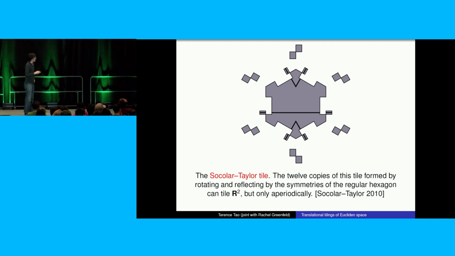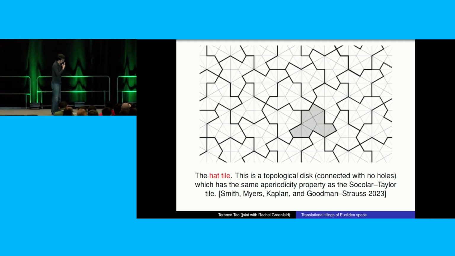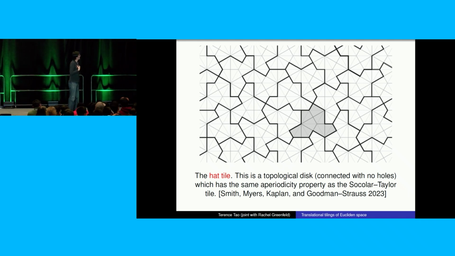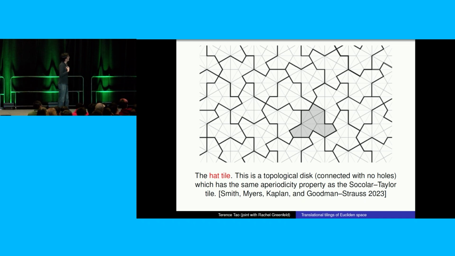But probably many of you have heard about the hat tile, which was only discovered last year. That's this non-convex polygon shaded in gray here. This is a non-periodic monohedral monotile. It's connected. In fact, it's even a topological disk.